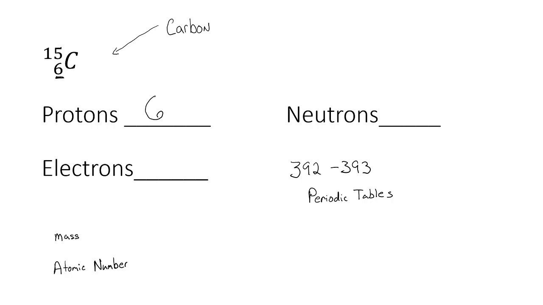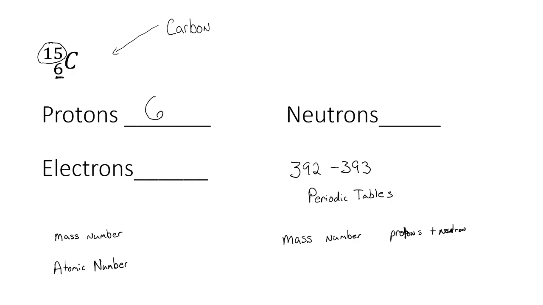The atomic number is the number of protons, and the number above it in isotope notation is called the mass number. This was in your notes a little while ago, and I believe I put it on your quiz for Friday. Mass number is found by this number right here, and it should be something you're familiar with. Mass number is the number of protons plus neutrons.